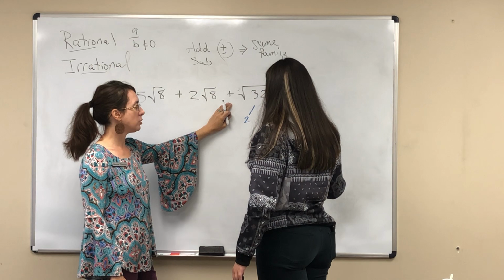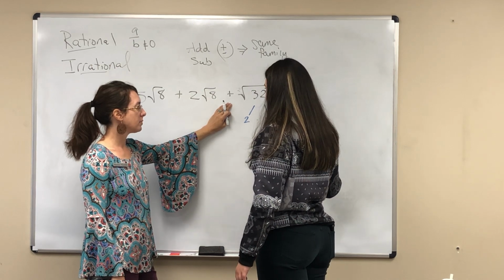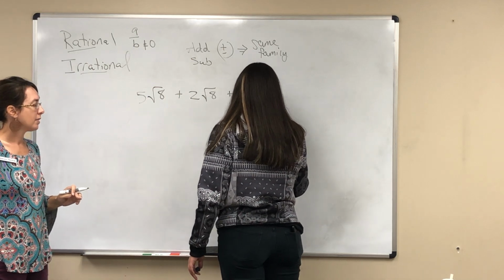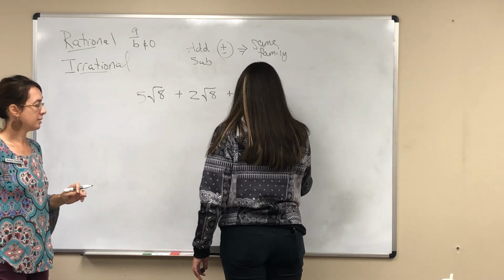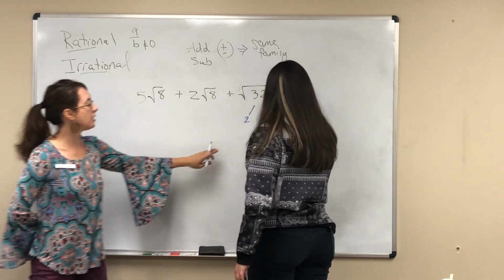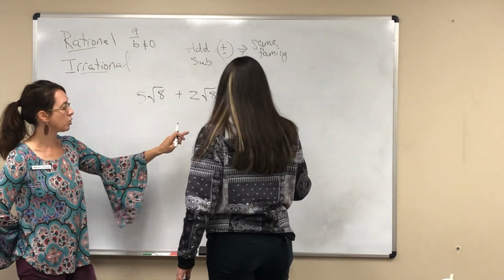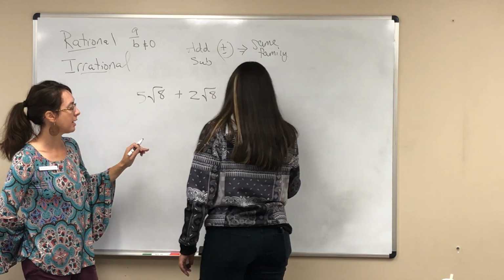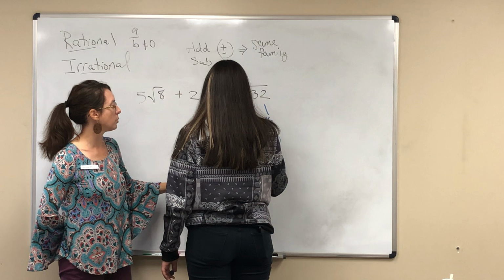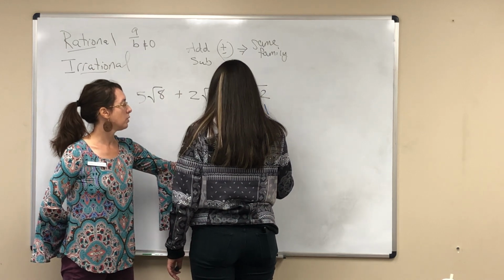Do you have anything that's 2 of the same numbers? Okay, how can you make it? Perfect. So now you have 2 of the same numbers, so we're gonna circle those and bring that number to the outside. So instead of square root of 32, what do you really have? 4.